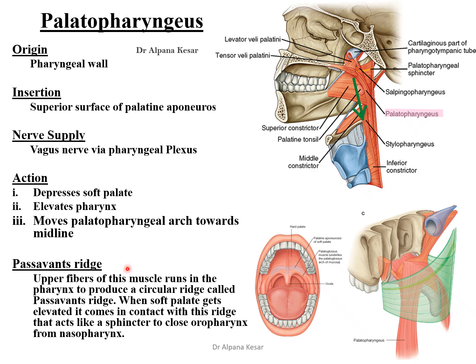Passavant's ridge. This structure is Passavant's ridge, also known as palatopharyngeal sphincter. The upper fibers of palatopharyngeus run circularly in the upper part of pharynx at the junction of nasopharynx with the oropharynx.